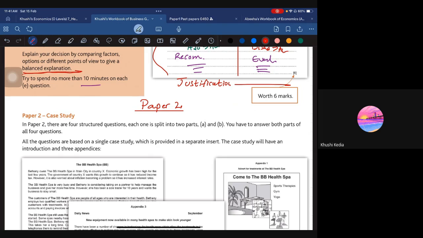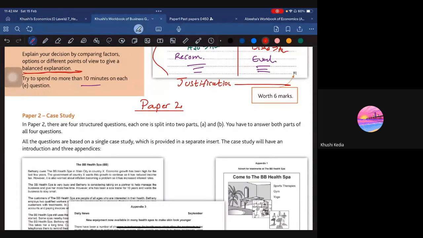And the highest level is where your knowledge is appropriate, you have added good application, your analysis is accurate, and you have also given a justified conclusion to the question. So what we will be doing here, you will have a perfect idea of how to develop a top level answer.